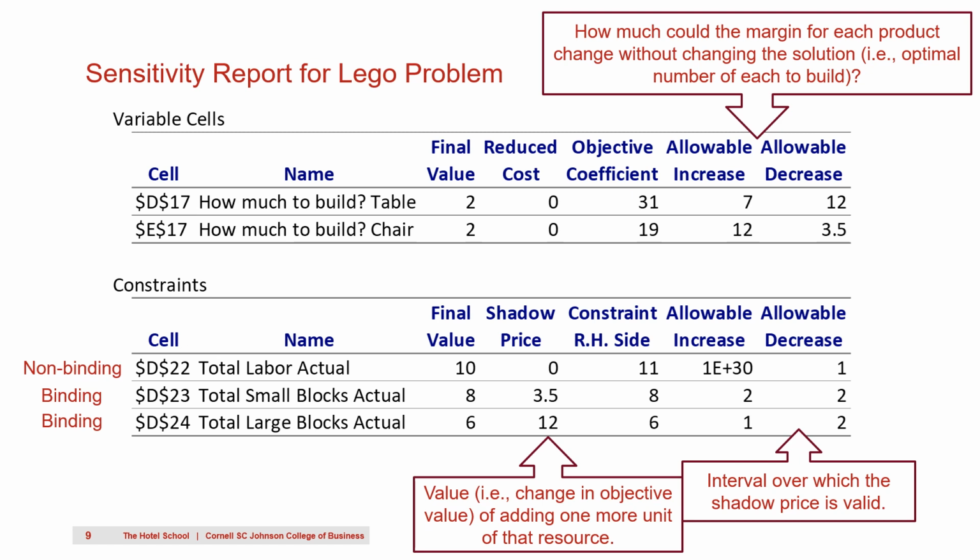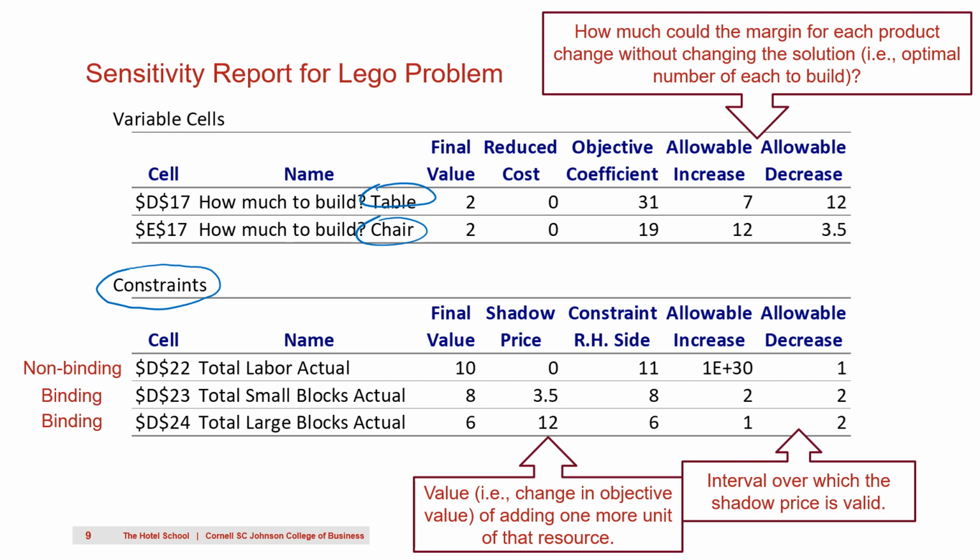Let's talk about how to interpret the sensitivity report for our Lego problem. The most valuable information is usually the sensitivity report section for constraints, but you also get some useful information for the variable cells. For each of our decision variables, tables and chairs, there is a row.